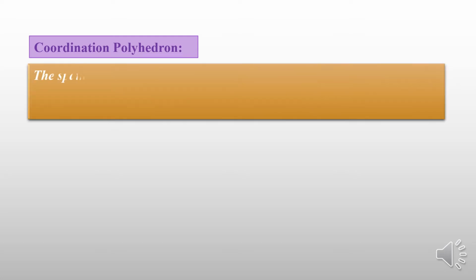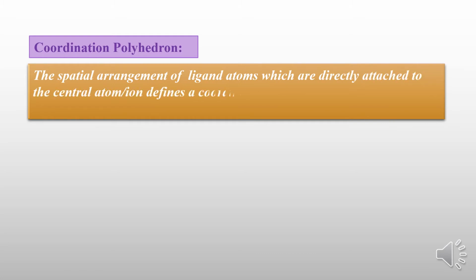Then we'll go for coordination polyhedron. In a coordination polyhedron, you can see the geometry of the complex. The spatial arrangement of the ligand atoms which are directly attached to the central atom or ion defines a coordination polyhedron about the central atom.